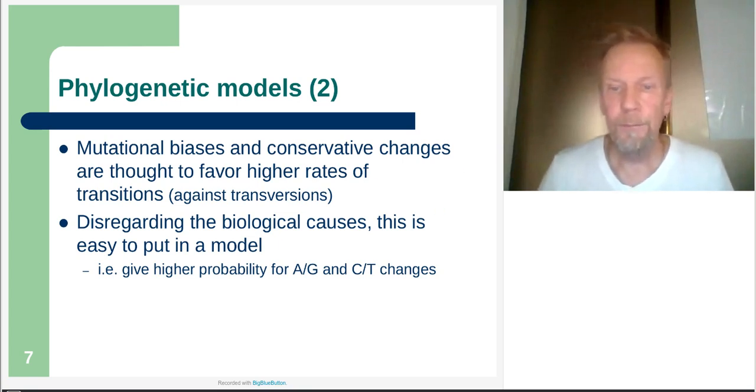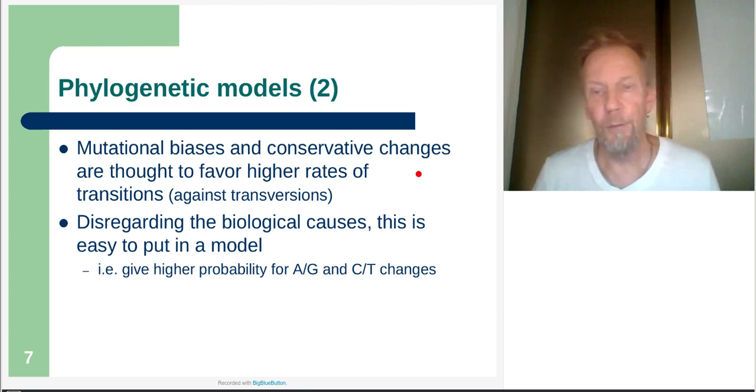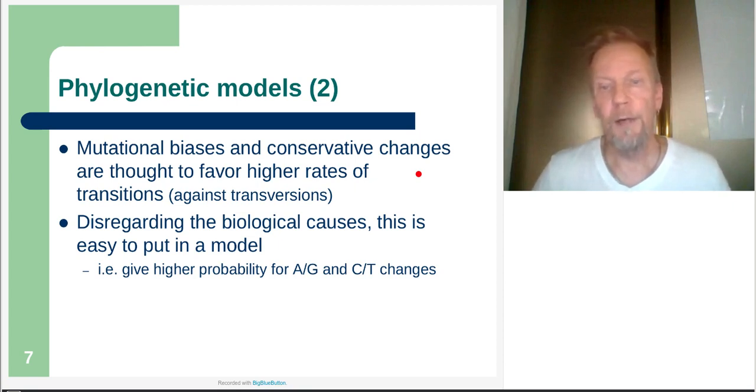Okay, now the transitions have a higher rate of mutation because when we have two very large bases, purines with two rings in the base, they collide and they create a disruption in DNA structure, and therefore they are very easily fixed by DNA repair mechanisms.